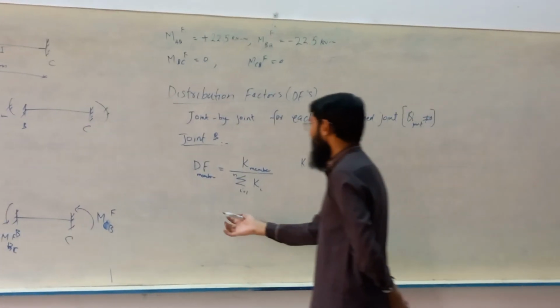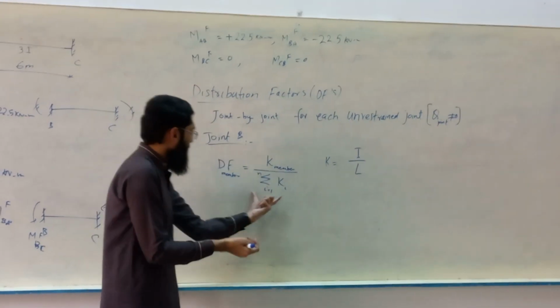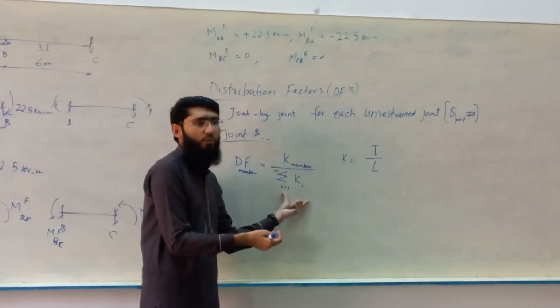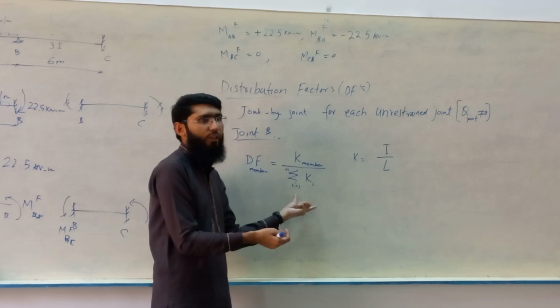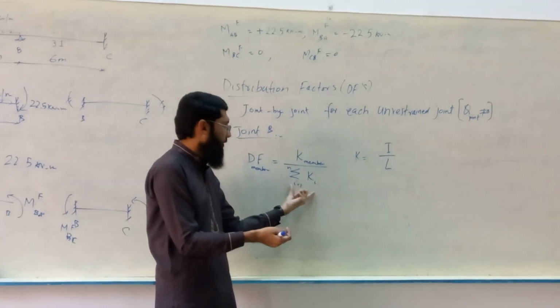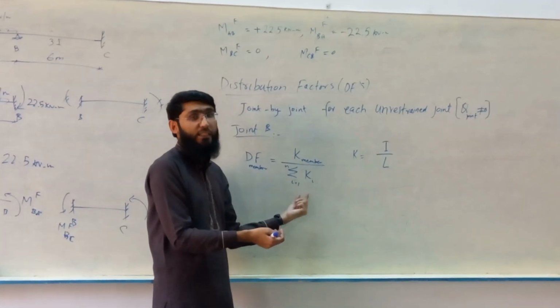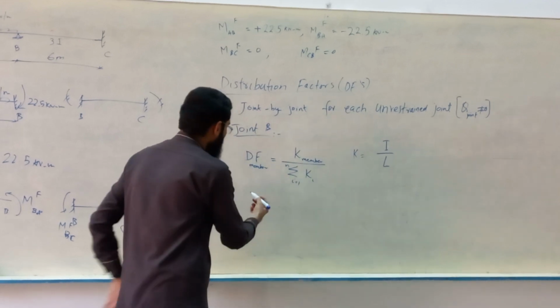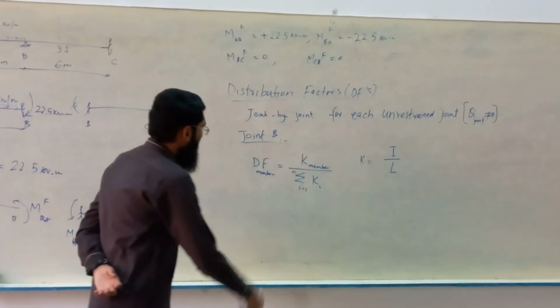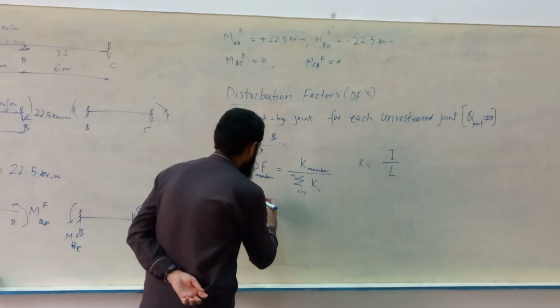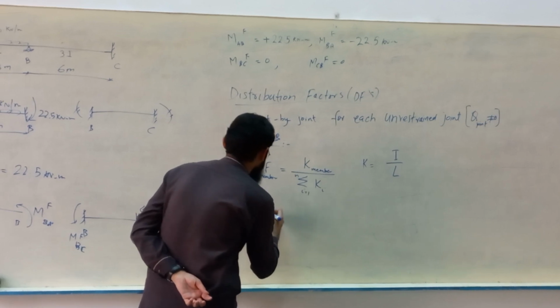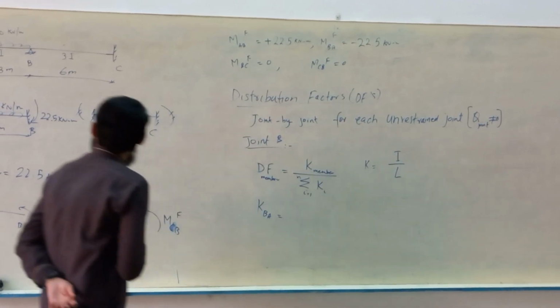Now we need to calculate this thing, so let's do it in advance. Let's do this first: the summation of K for all members. Maybe you could do it step by step. Maybe you could say K for BA is equal to, look at this.